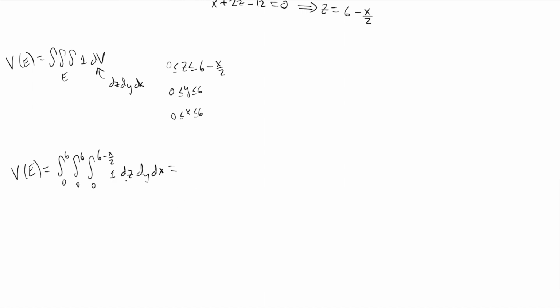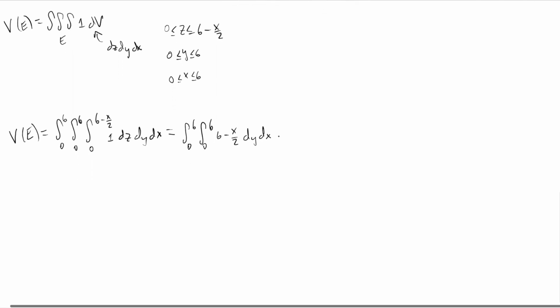Now we're integrating with respect to z first. Something cool here is that we don't have any z terms in the integrand. And the other thing to note is our lower bound is 0. What does that mean? We can multiply this upper bound by the integrand, and that's your integral. So 0 to 6, 0 to 6, that takes care of the first integral. Now all we have left to do is integrate with respect to y and with respect to x.